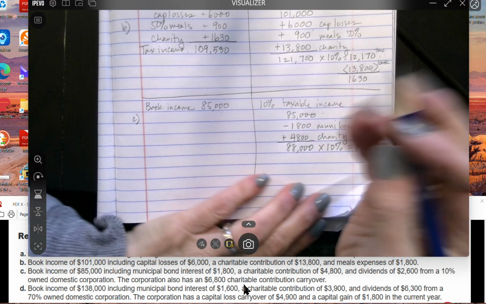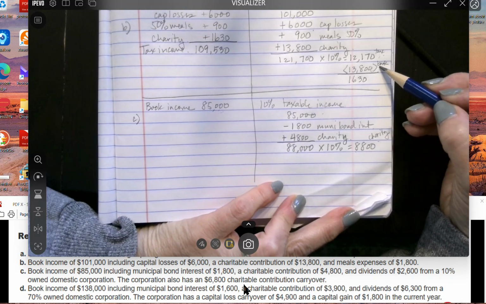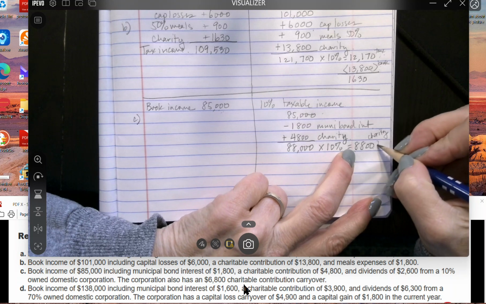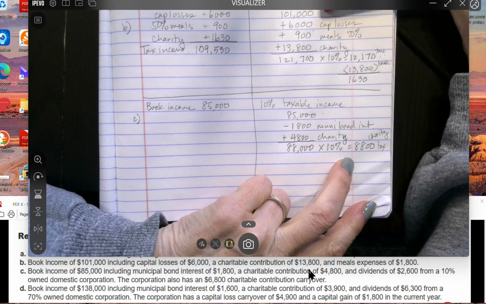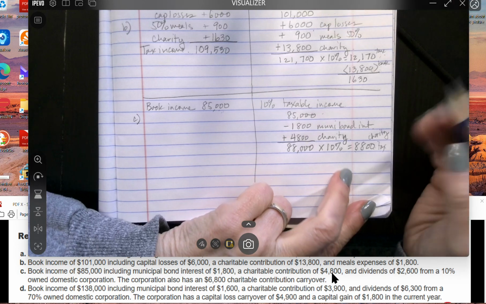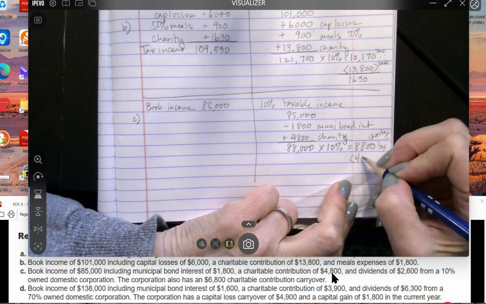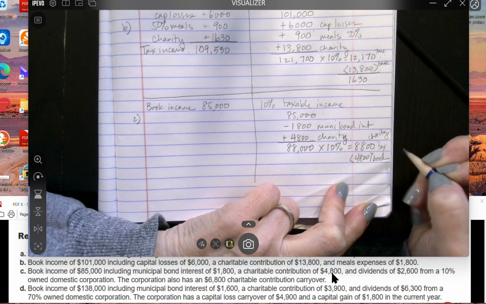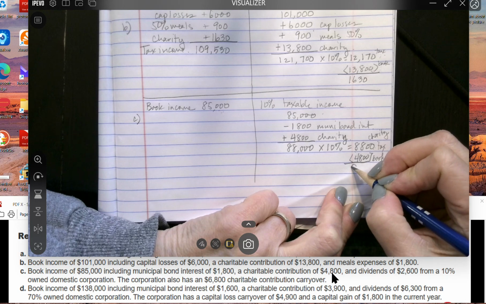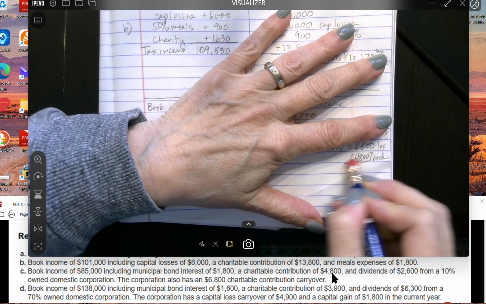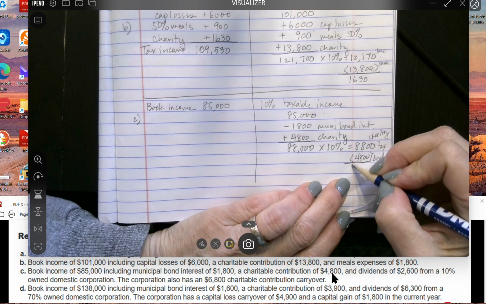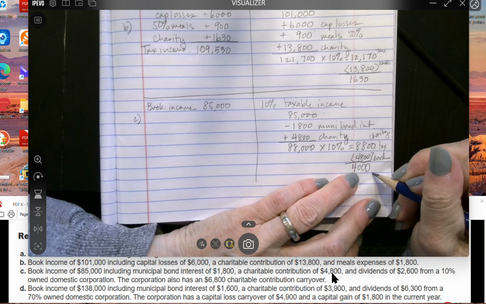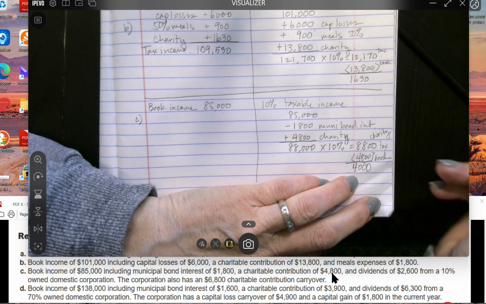So what we're going to do is take, remember up here we said we determine what we're allowed to take for tax. We're going to take the difference between that and what we took for book, which was $4,800, which means our difference is 4,000. That is our adjustment for charity purposes.